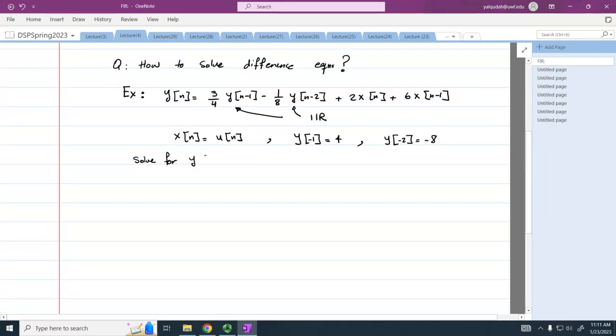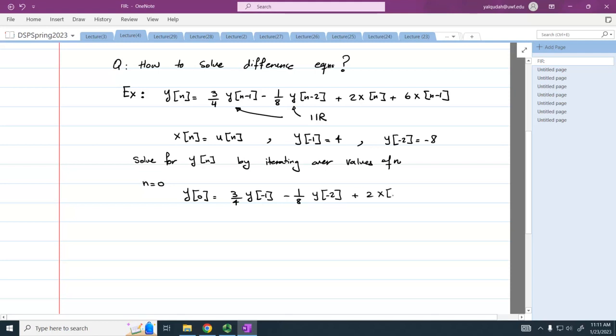So we're going to solve for y of n by iterating over values of n. I'm going to start and say, okay, when n is equal to 0, y at 0 is going to equal 3 over 4 y at negative 1, minus 1 over 8 y at negative 2, plus 2 multiplied by x of 0, plus 6 multiplied by x of negative 1.